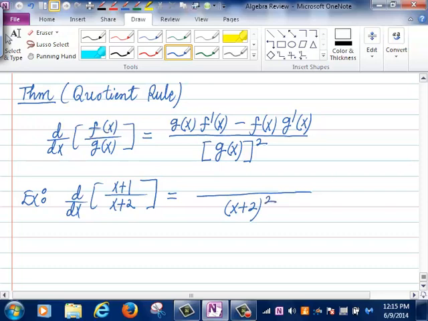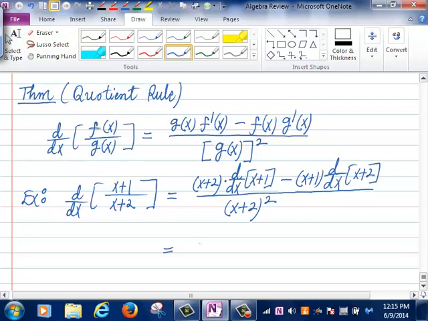And in the numerator I'm going to have x plus 2, that's the denominator, first, multiplied by the derivative of the numerator x plus 1. And then minus x plus 1, that's the numerator, multiplied by the derivative of the denominator. Is that making sense?